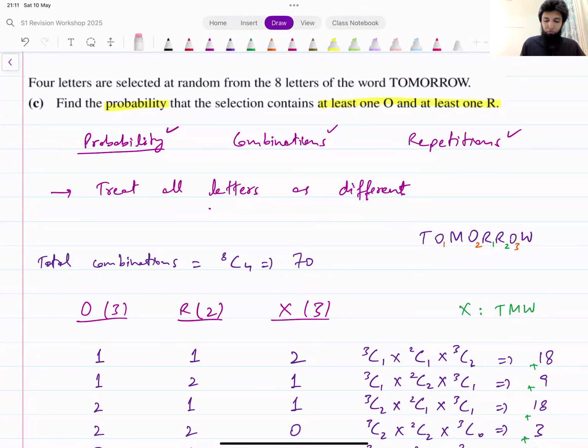So whenever we have probability and combinations and there are repetitions, whenever these three conditions are met, you have to memorize this now, okay?